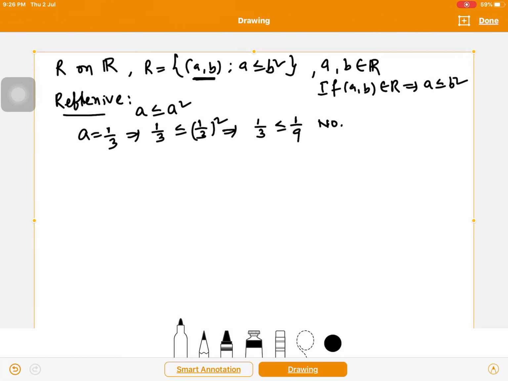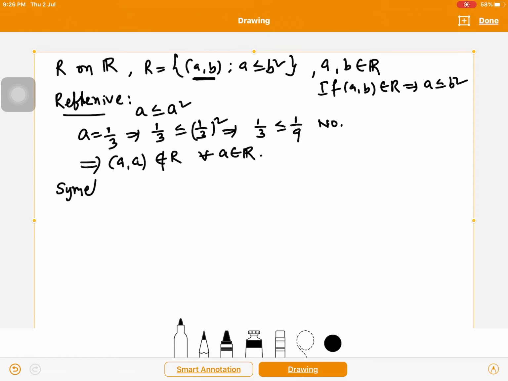No. If a less than or equal to a square were possible, then we could say reflexive. Therefore, (a, a) does not belong to R, and this holds for all a belonging to the real numbers. Few cases may be possible, but in general it is not possible. So R is not reflexive. Remember, reflexive means related to itself.